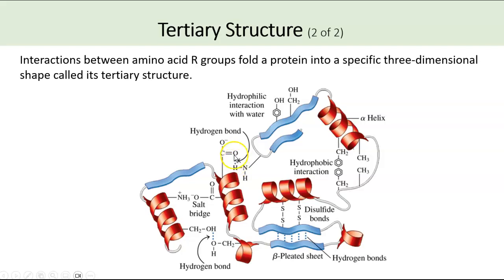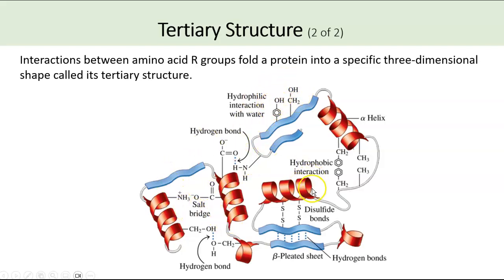So hydrogen bonds will play a major role, then salt bridges in between positive and negative charges, and disulfide bonds, the bonds in between two sulfur atoms, these are covalent bonds, and hydrophobic interactions in between these hydrophobic R groups, and hydrophilic interactions with water. Now you can see usually these hydrophobic interactions will happen inside the protein structure, whereas hydrophilic interactions occur outside, on the surface of the proteins.